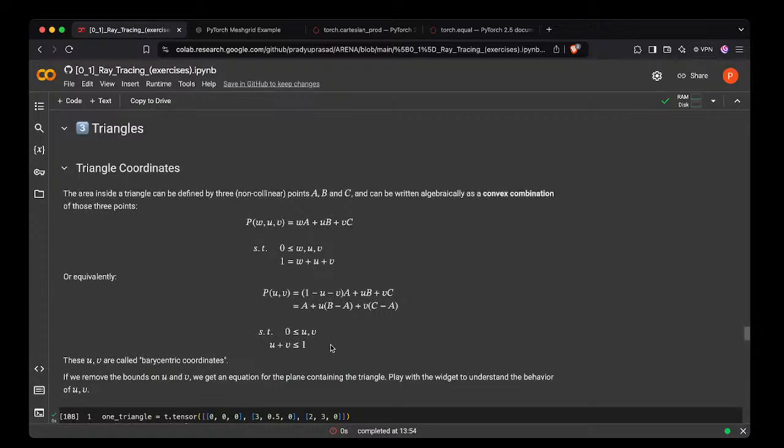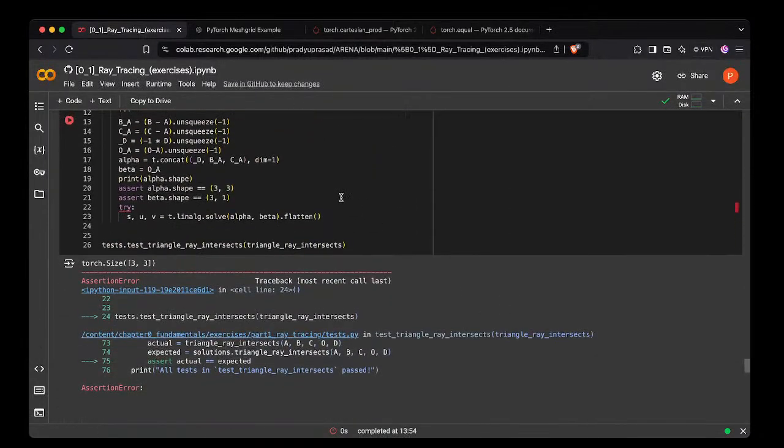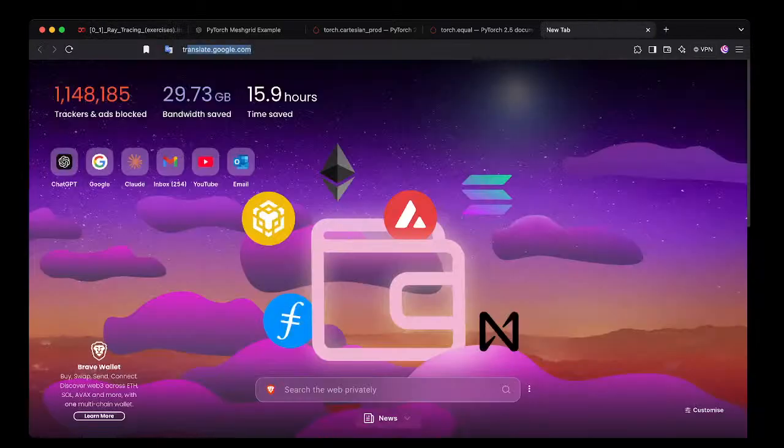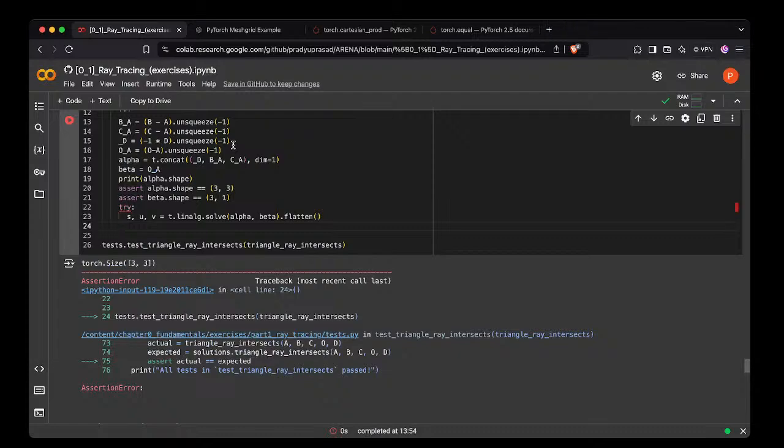U and v should be greater than 0 and u plus v should be less than or equal to 1. Okay, u comma v. Not try catch. What is it? What is try catch? Try except. Yeah, except.